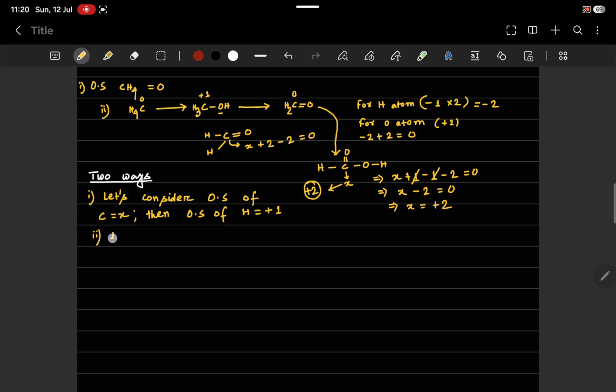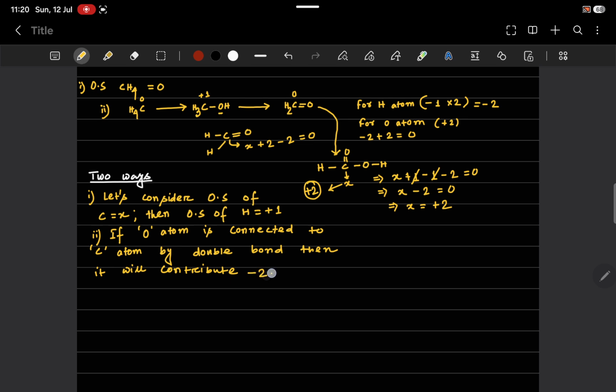Second, if oxygen is connected to the C atom by a double bond, then it contributes -2.